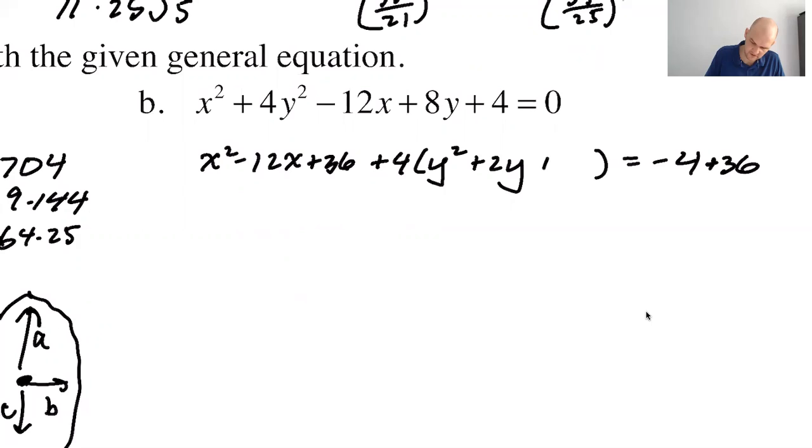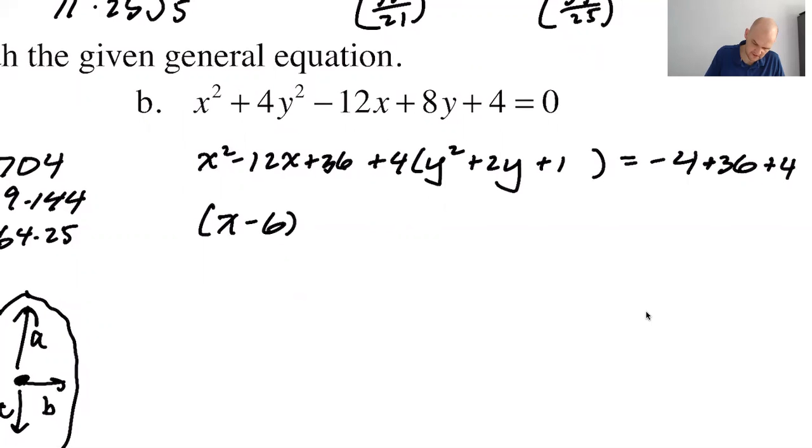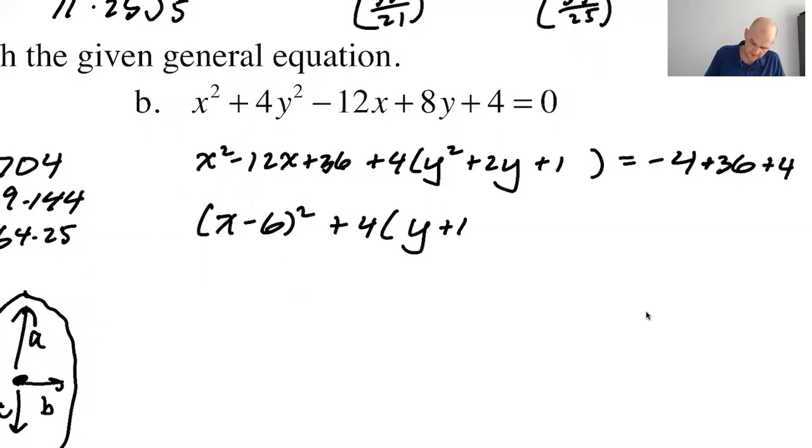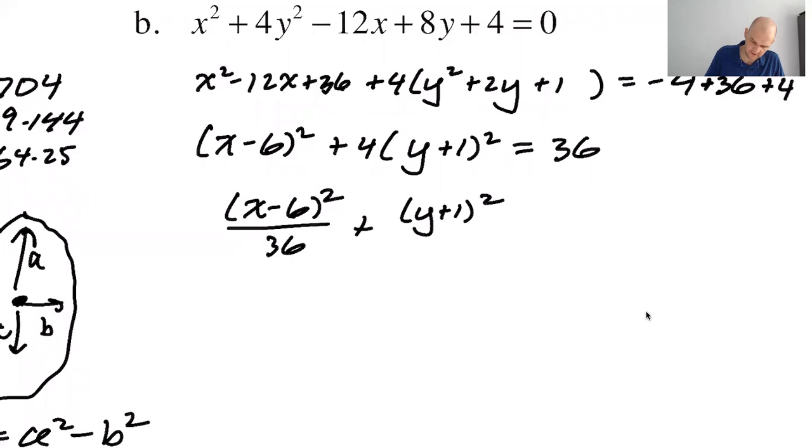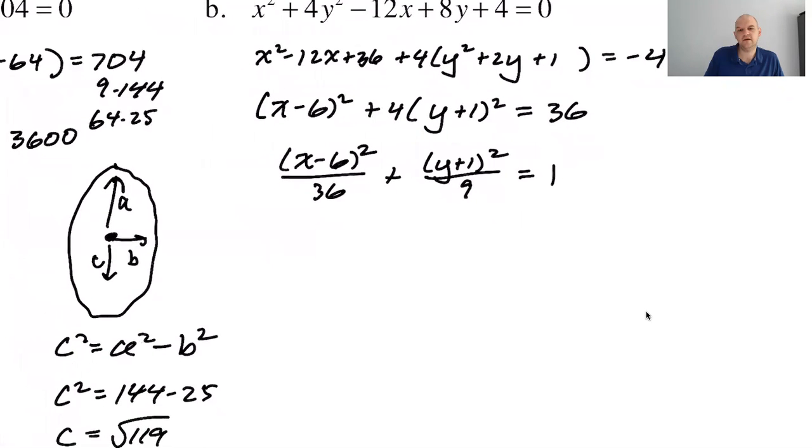Divide by 2, square it, plus 1. Don't forget, it's really plus 4. So x minus 6 squared plus 4 times y plus 1 squared is 36. When we divide by 36, we get x minus 6 squared over 36 plus y plus 1 squared over 9 is 1. And we're good to go.